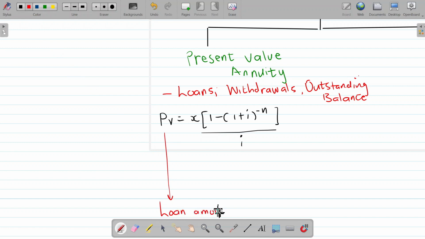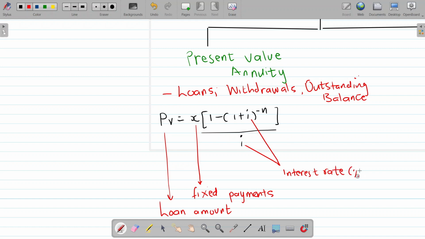Remember, the loan amount is what you borrowed. Then X is your fixed payments. And then I is your interest rate. Remember, it's a percentage. Always write it as a percentage.